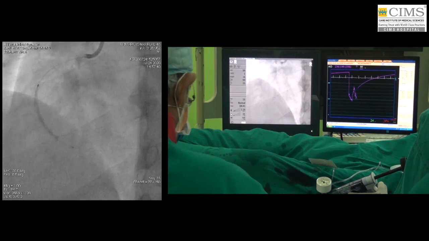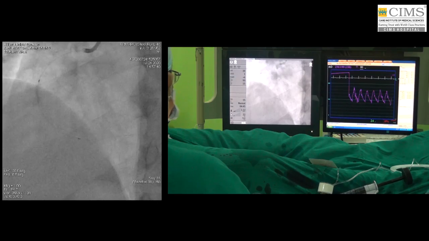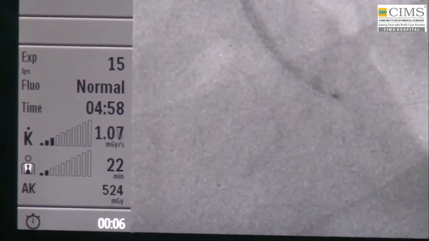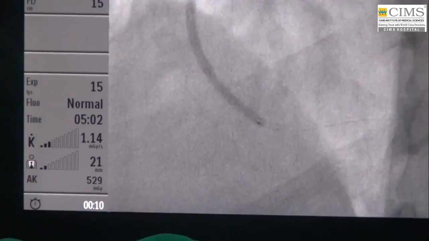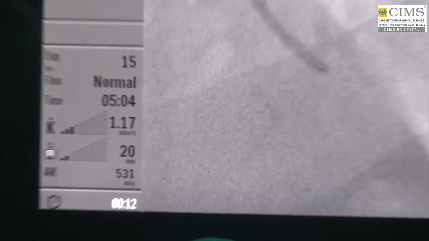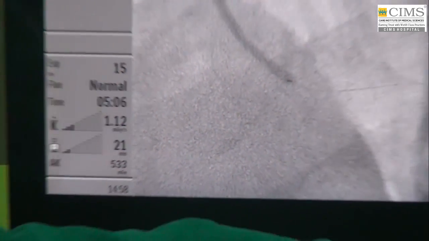Occasionally I do post-dilate a second time for up to 15 to 20 seconds. After a very long 45-second dilatation, the second dilatation is probably empirical. So many times I don't do it. If it's a long lesion like here, I would do it.